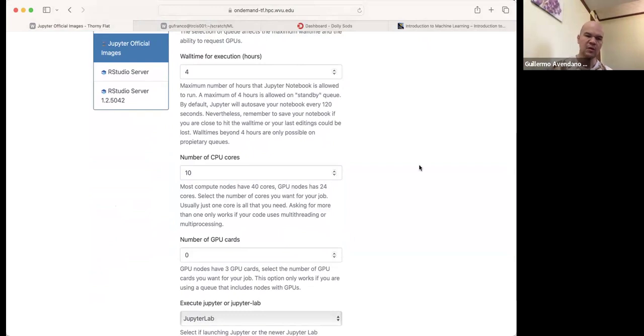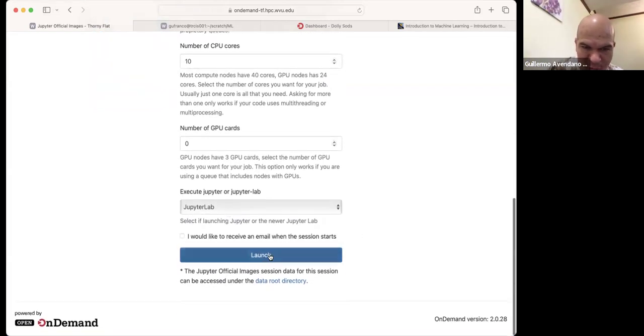There are a few things, especially when you start doing linear algebra with big matrices, that internally could be parallelized with all the cores that you ask. The matrices are big, they could be 1,000 or 10,000, but they are not extremely big. So going into the 40 cores will probably not give you much advantage. Nodes, GPUs, Jupyter Lab, and you click launch here.